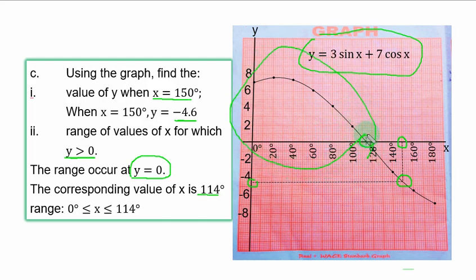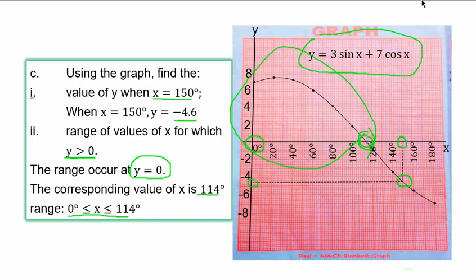So from this point of 114 degrees, you move towards the origin, 0 degrees. So the range is 0 degrees less than or equal to s less than or equal to 114 degrees. Even from the table of values, you can get this easily. Let us see that.